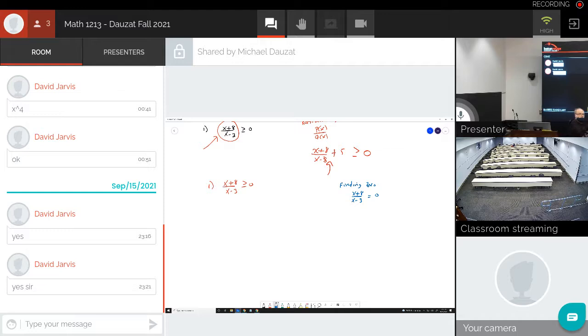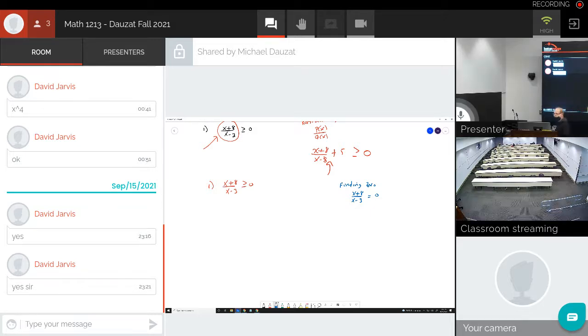And on day number 1, you learned how to solve this kind of equation. How do you solve this rational equation? You can multiply both sides by the least common denominator. What's the least common denominator? x minus 3.